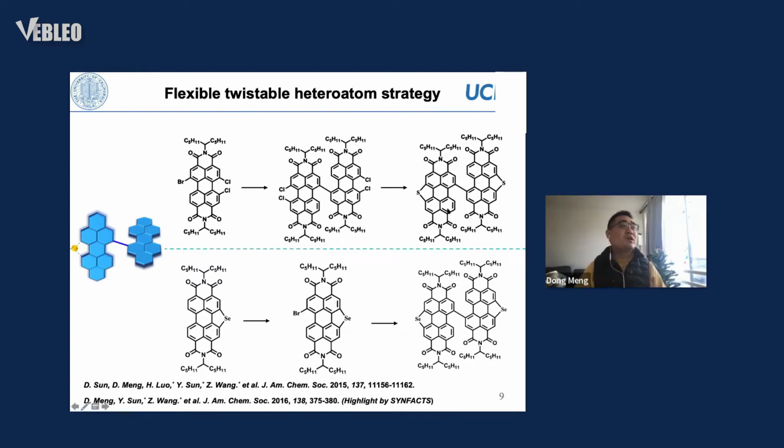We also introduced sulfur and selenium into the systems to get better morphologies and better twist, because the steric effect helps to get more twisted structures and better morphologies with the donor materials, and better mobilities.